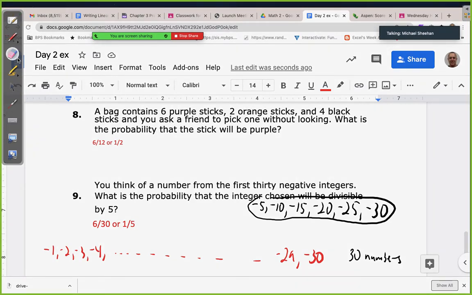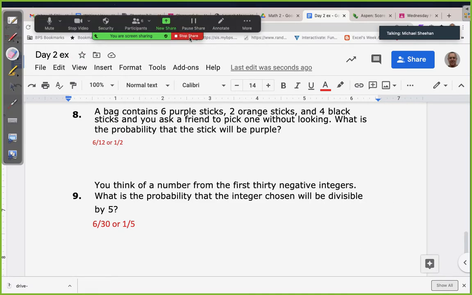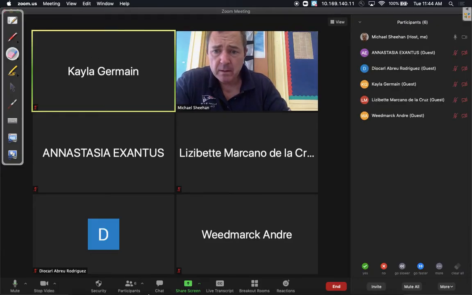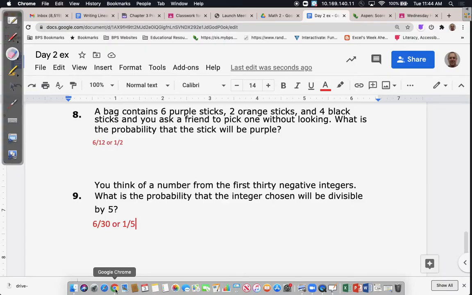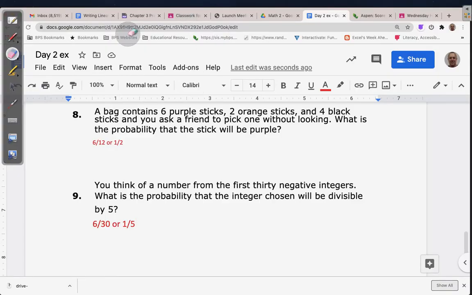All right. Give me 1 second here. I'll stop my screen share. I'll show you something, and then you're good to go on your own if you'd like to.